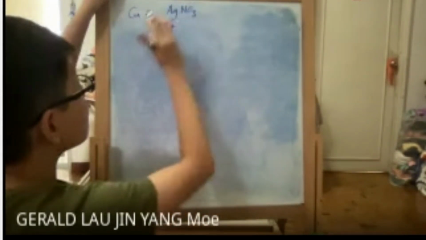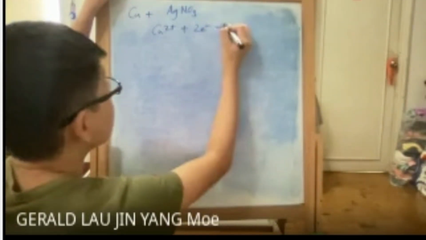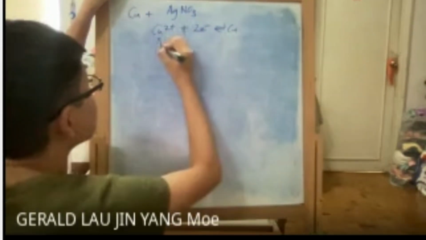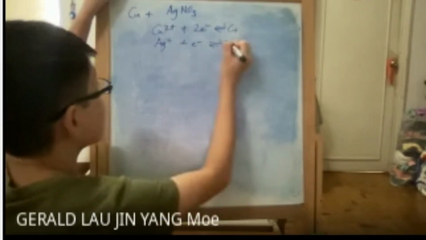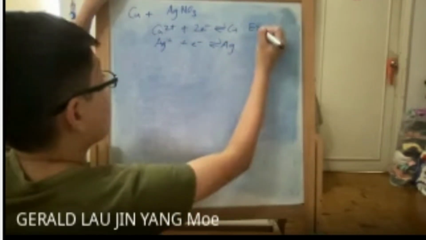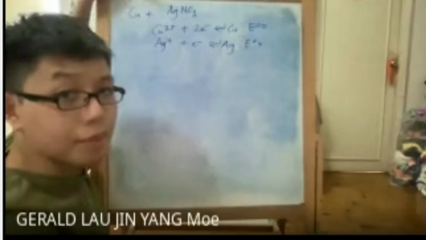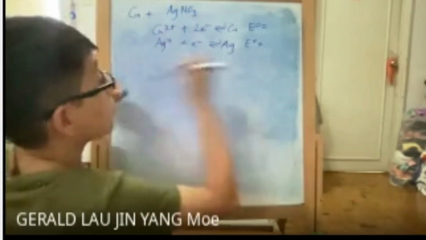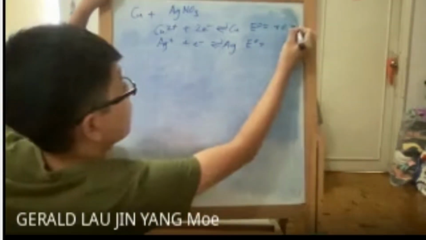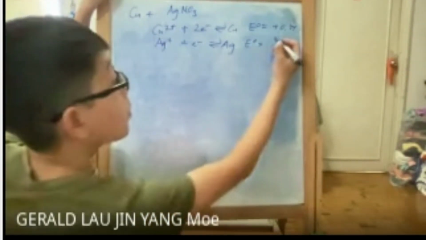You must have copper and you must have silver ion. Copper E0 is positive 0.34. Silver E0 is 0.8.